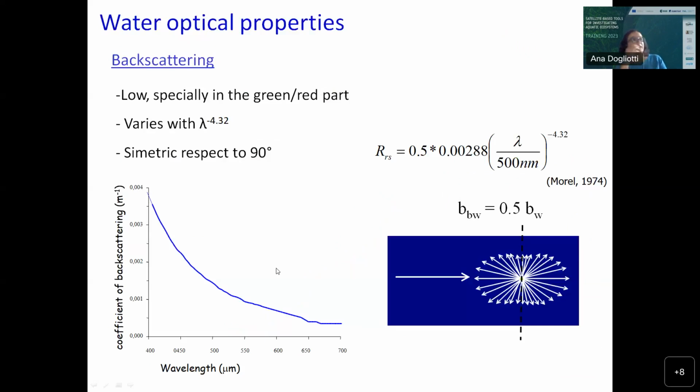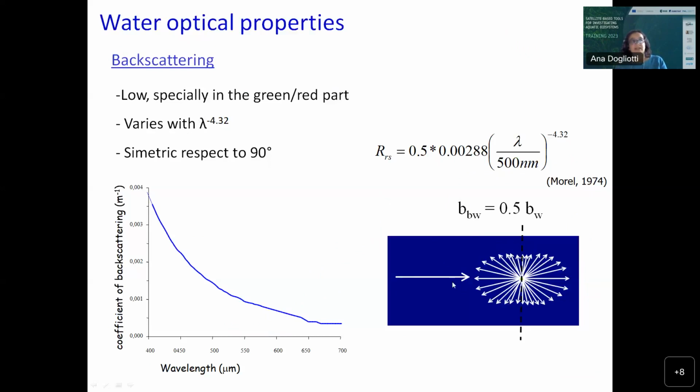Backscattering of the water itself, only water, is really low, especially in the green and red part of the spectrum. It varies with lambda to the power of around -4. The other particular thing is that it's symmetric with respect to 90 degrees.